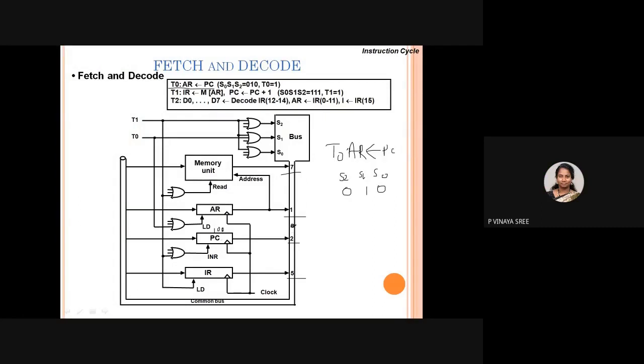For that, we are using OR gates for the selection lines inputs, and for these OR gates we connect one of the inputs as T0. I already said that whenever we are doing the operation, T0 will be high. At time T0 only, whatever the program counter contains is placed in the address register.